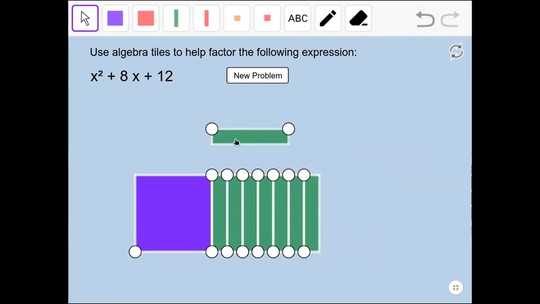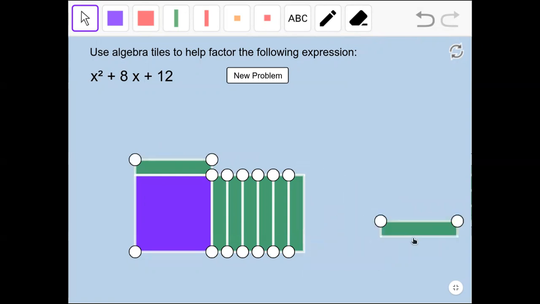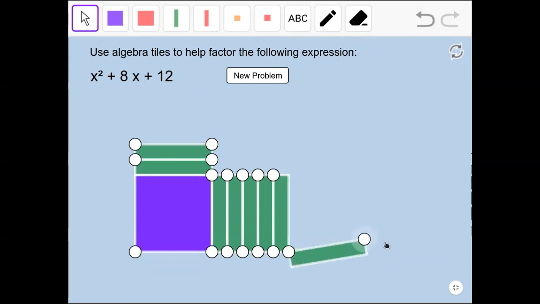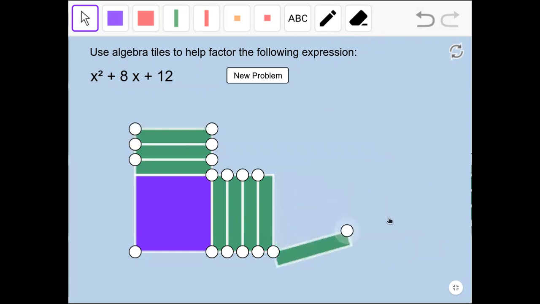I can remove here and put vertically. I can stack vertically. This is another possibility, and this is another possibility. But I have 1, 2, 3, 4, 5. So how many numbers do I need to fill? 5 into 3.